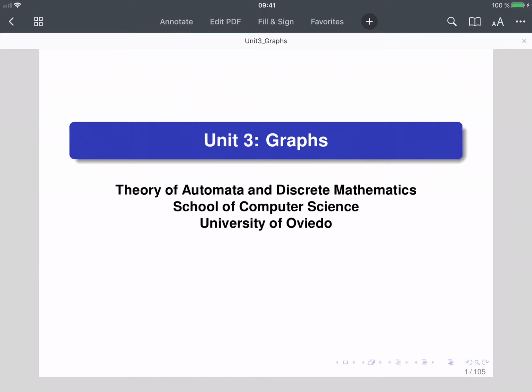So those two units were very closely related. Now we have a third unit which deals with graphs, and you will see that it's not so closely related to the first two units. In fact, this is the unit that has to do with the discrete mathematics part of this course.